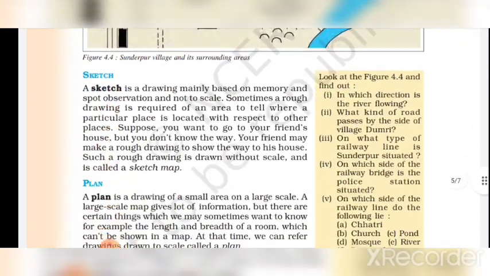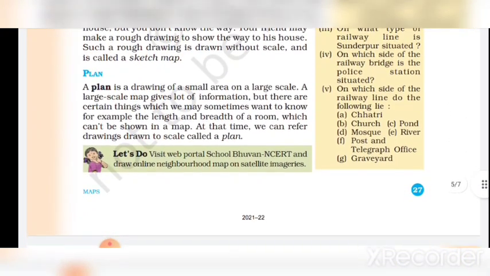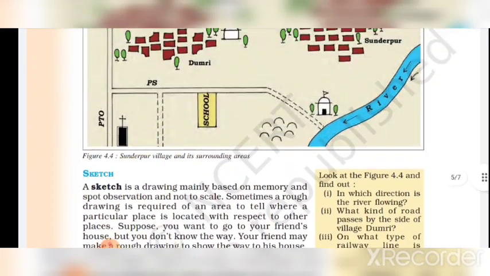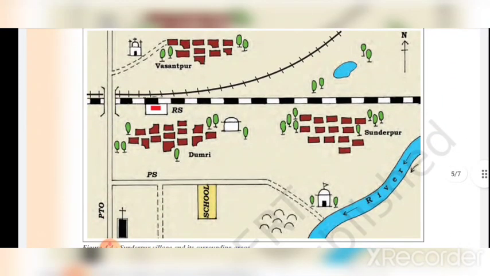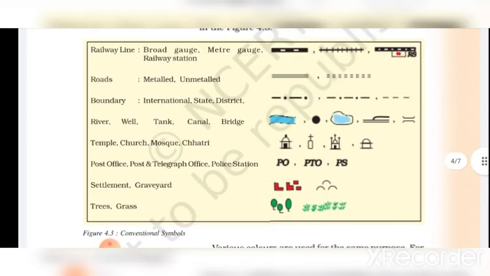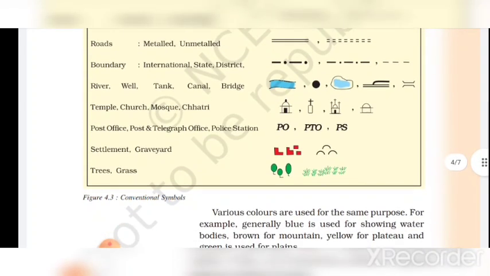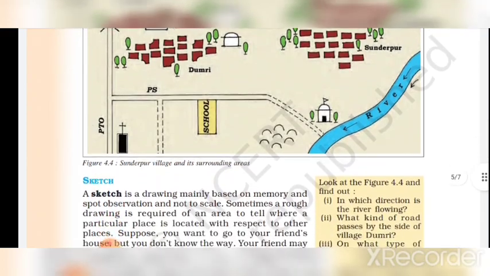On which side of the railway line do the following lie: chatri, church, pond, mosque, river, post and telegraph office, graveyard? Look, okay, and here is a symbol. Now you may find it and you have to circle it.